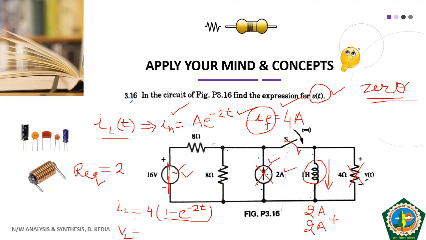This will be 2 e raised to minus 2t. 4 into 2 is 8, and the answer will come out to be 8 times e raised to power minus 2t. This is the answer for this question. That gives us VLT, and this is in parallel with this VT. So VT comes out to be 8 e raised to minus 2t.